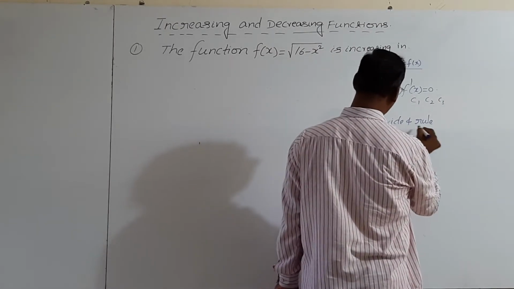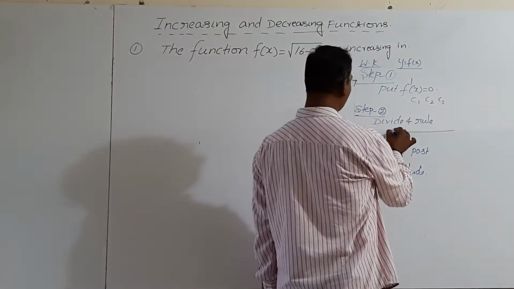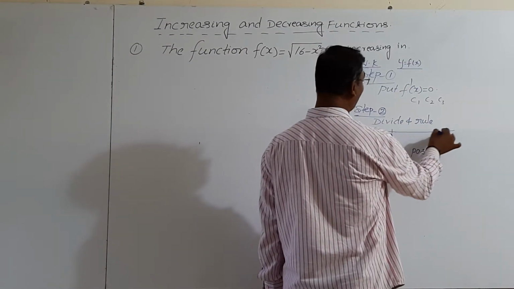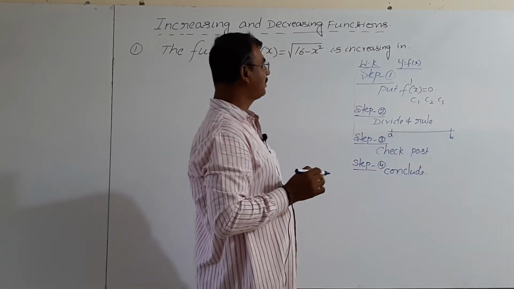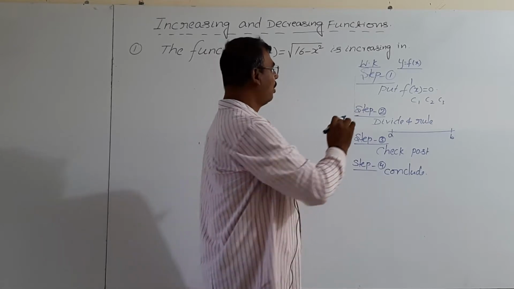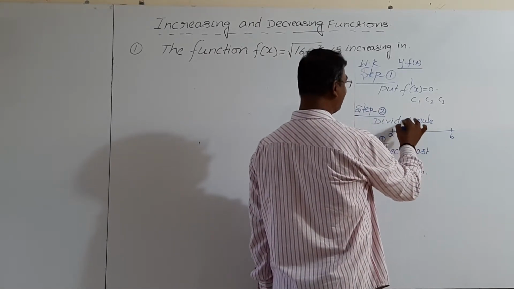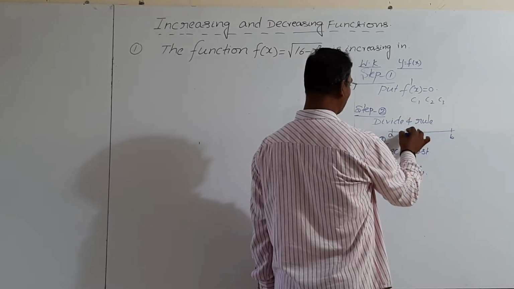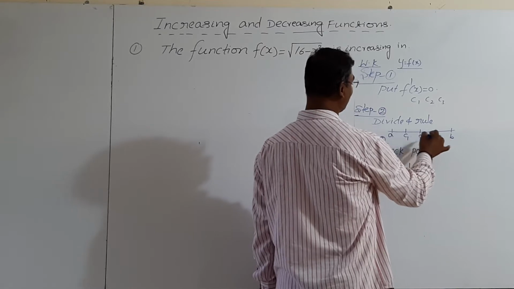Hereafter, divide and rule. What is the meaning of divide and rule? If I take the interval a and b, all numbers, that means the number line, put all the values respectively in increasing order: c1, c2, c3.